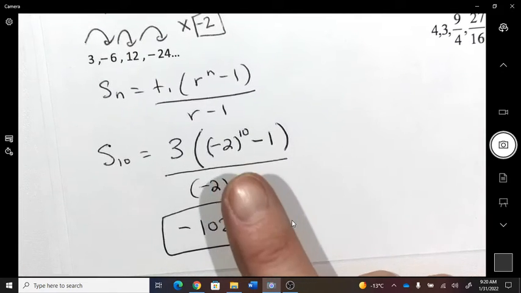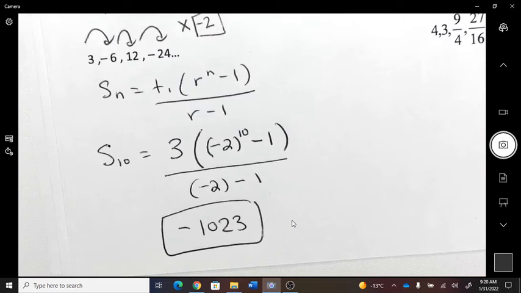Negative 2 to the 10th, you have to have that negative 2 in brackets. Okay, and then I'm going to walk around a quick second to see if you're not getting that, and I can look at what you're maybe typing in.